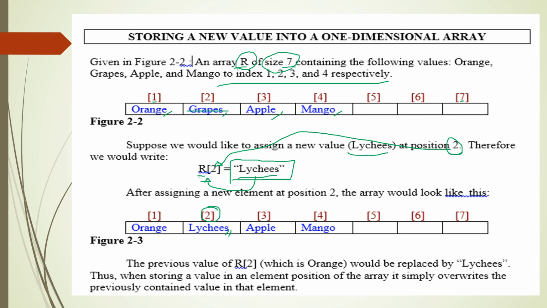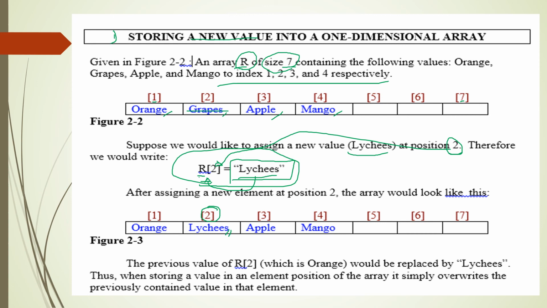There is no such thing. If you have this statement, you could do that, but you have to include additional logic. So, this is one of the operations of a one-dimensional array, that is storing a new value into a one-dimensional array.